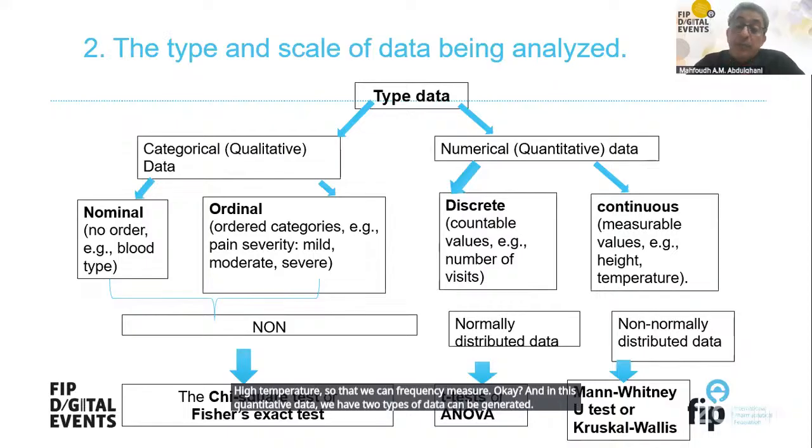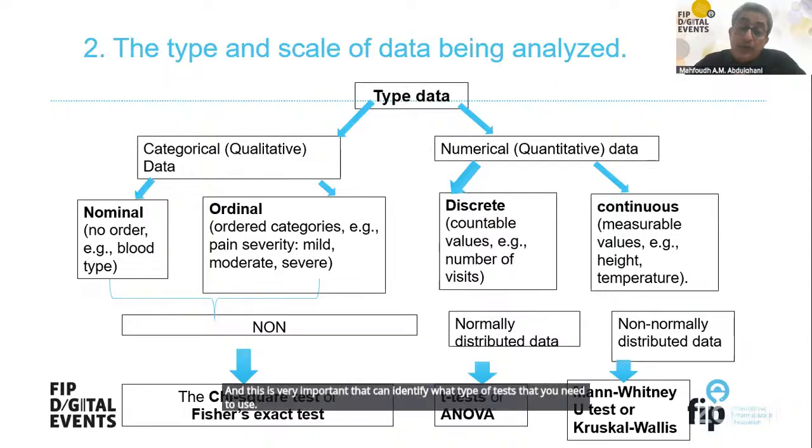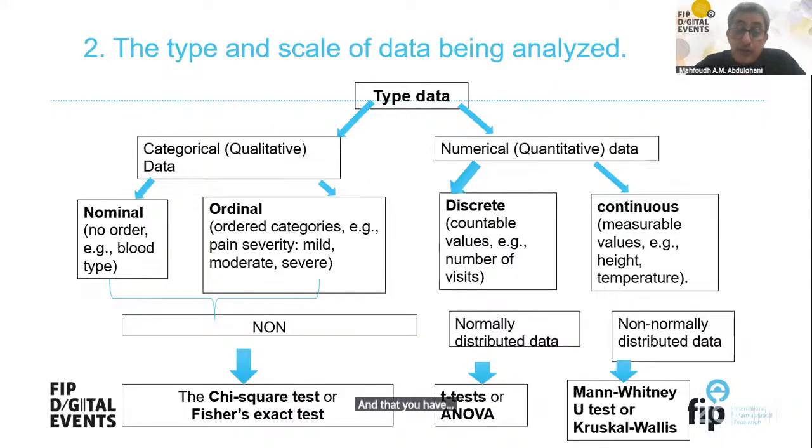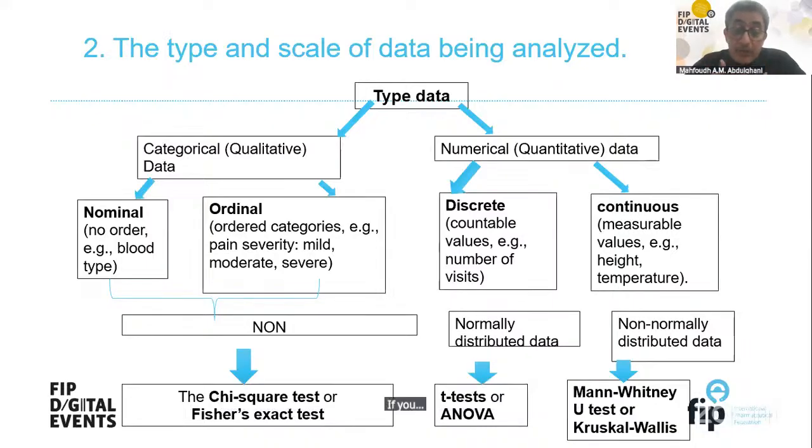And this is very important, because it identifies what type of test you need to use. Your data should be either normally distributed or non-normally distributed. If the data is normally distributed, then we can go for a t-test if two groups, or ANOVA.